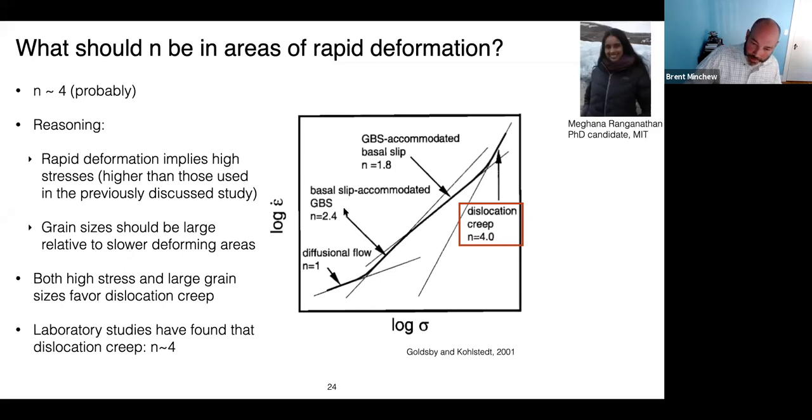Since all of these other creep mechanisms are inversely proportional to grain size raised to some power, we should expect that as the grain sizes get larger, the contribution of these different creep mechanisms should decrease. But since dislocation creep is independent of grain size, it should stay relatively unaffected by these changes. And so all these things favor the dominance of dislocation creep within the shear margins.